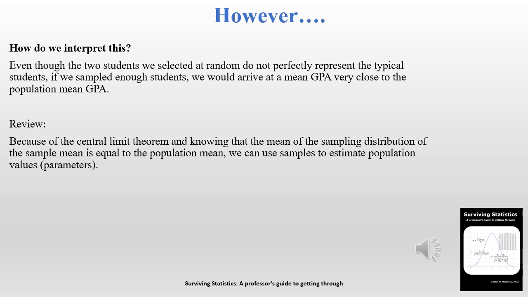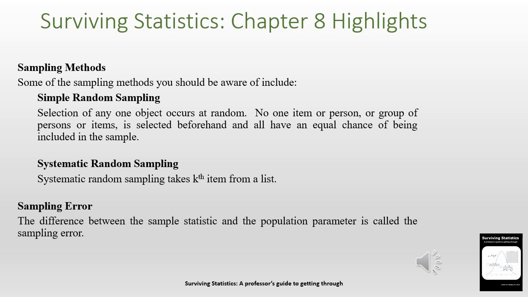And remember, because of the central limit theorem and knowing that the mean of the sampling distribution equates to the population mean, it means that we can indeed use samples to accurately estimate population values, or as we call them, parameters.